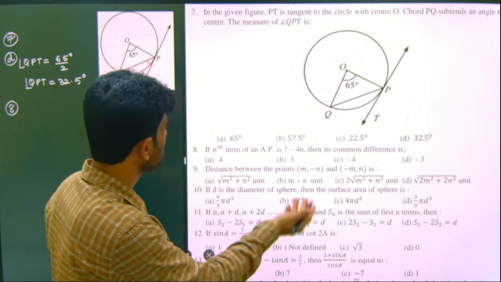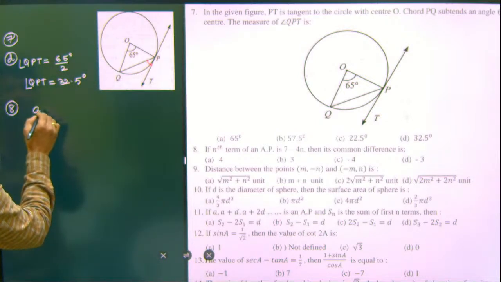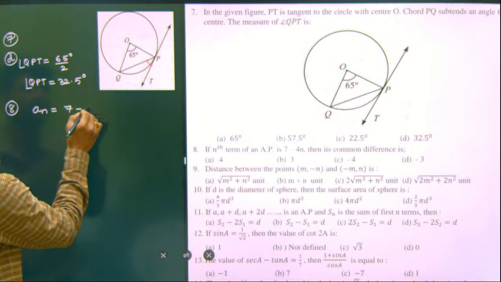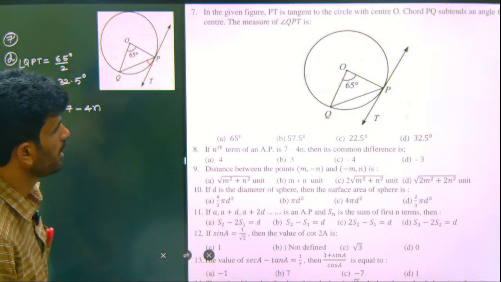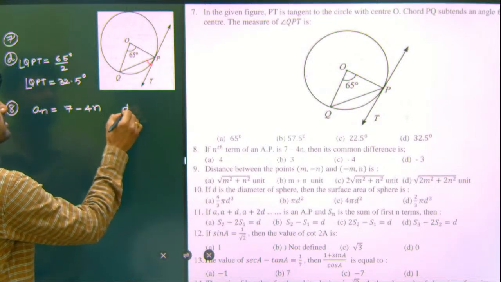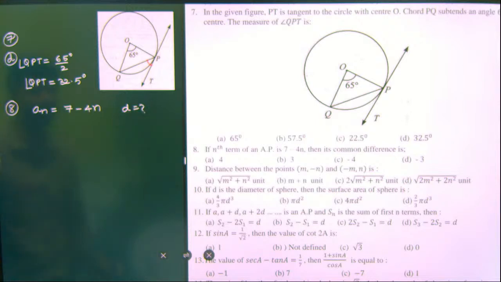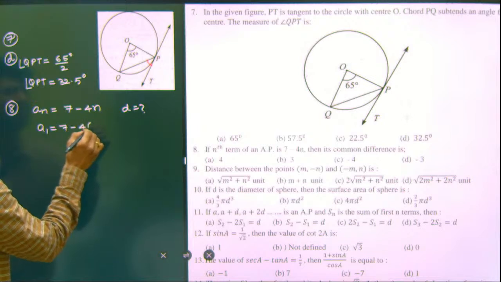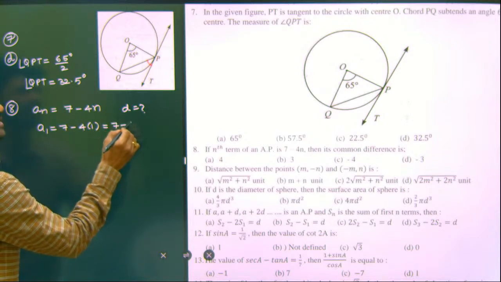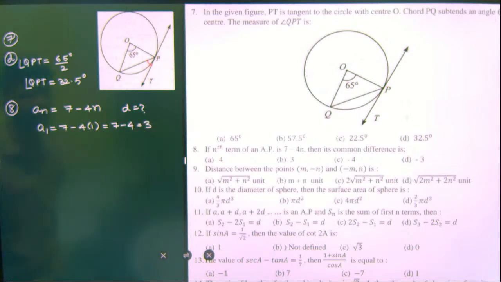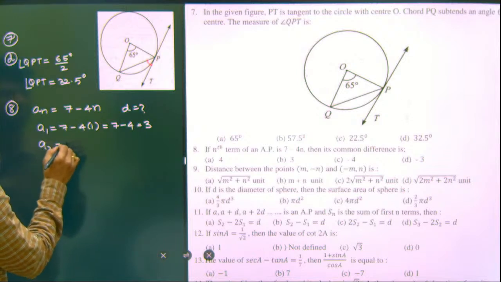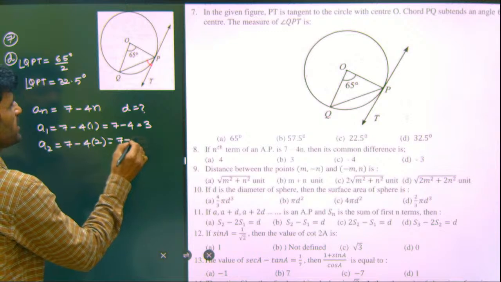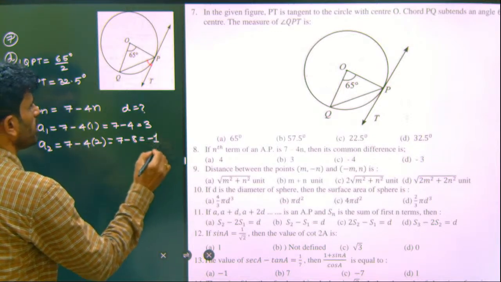Question number 8 is nth term is given, arithmetic progressions. An is given as 7 minus 4n, and they are asking to find out the common difference. So how can we do? A1 is equal to 7 minus 4 into 1, which is 7 minus 4, 3. And A2 is equal to 7 minus 4 into 2, which is 7 minus 8, minus 1.